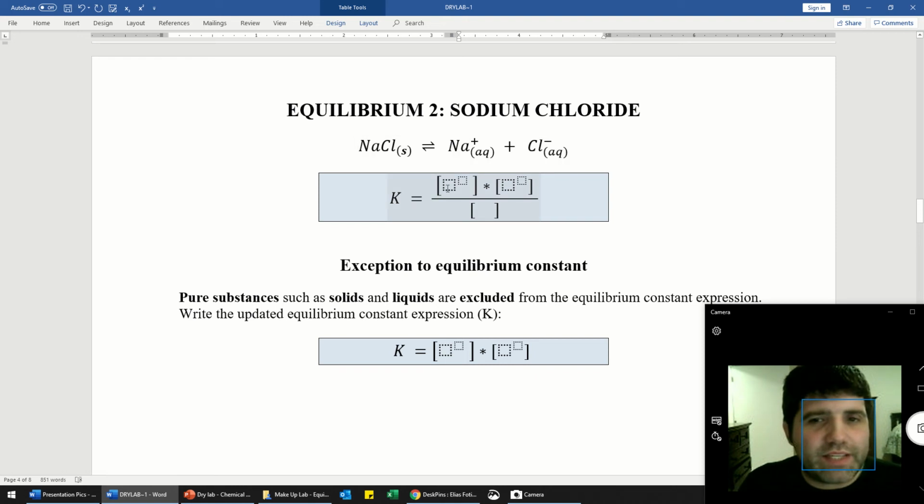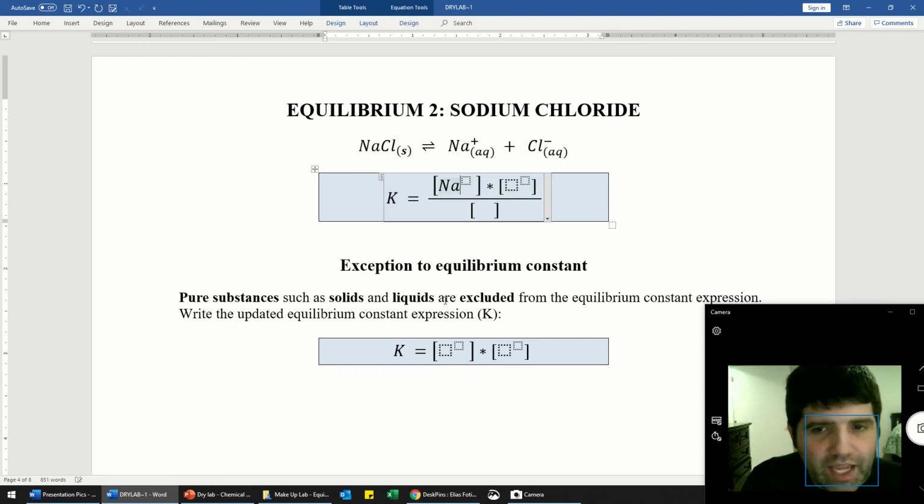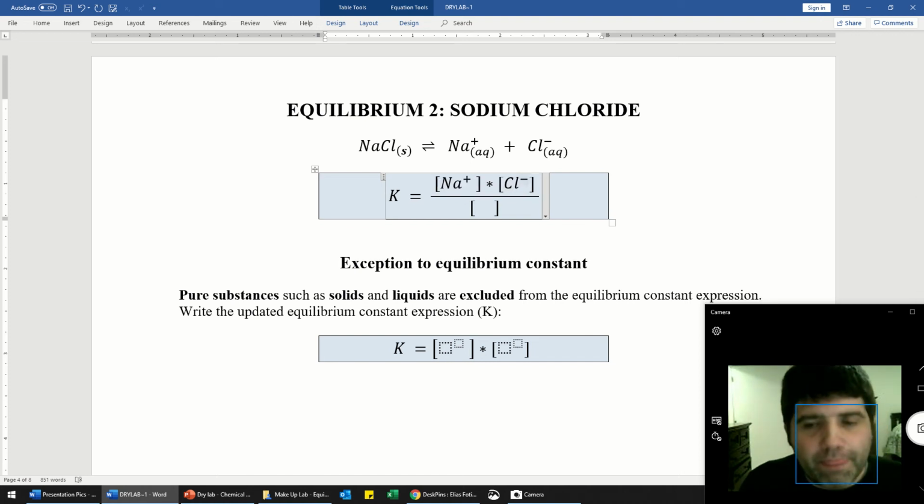So here is how we set up the equilibrium constant. We have Na plus times Cl minus, and then on the bottom we have NaCl. There we go. But there's a little bit of a problem here.